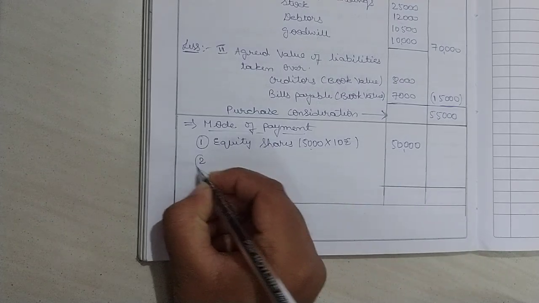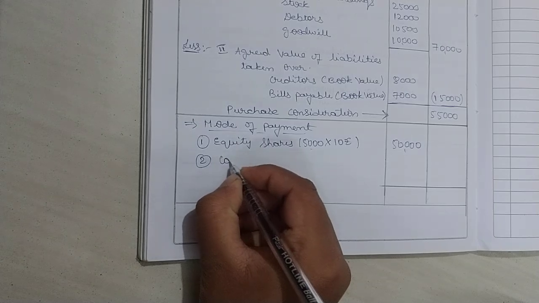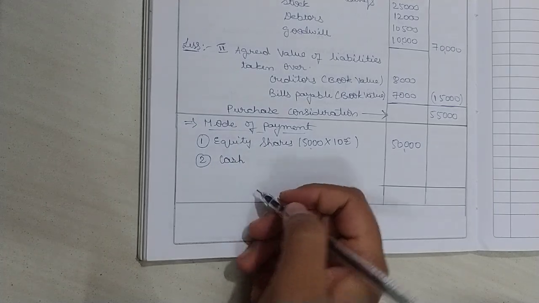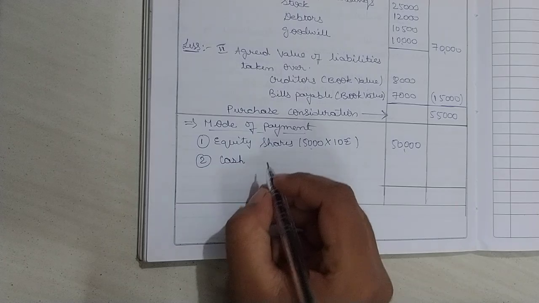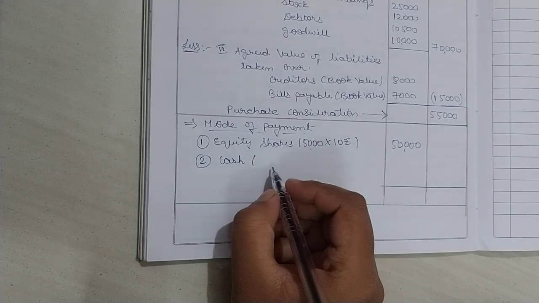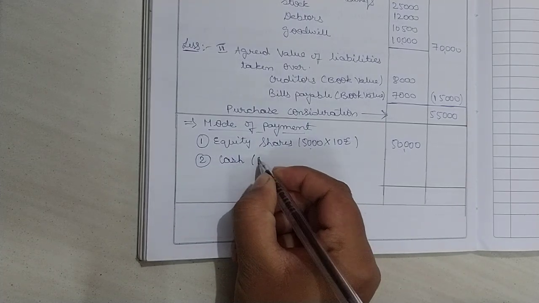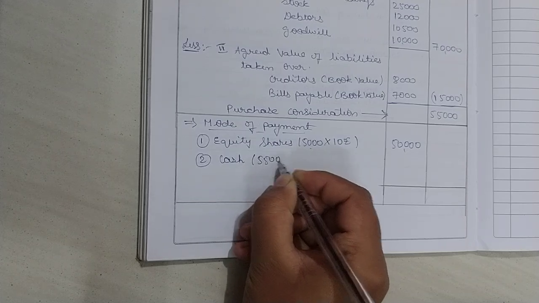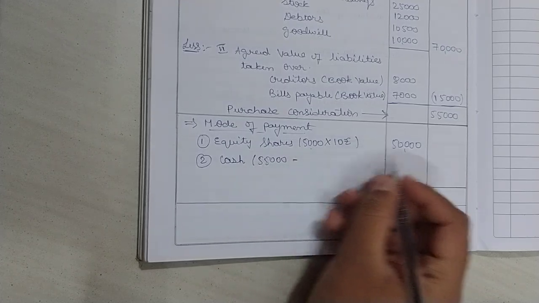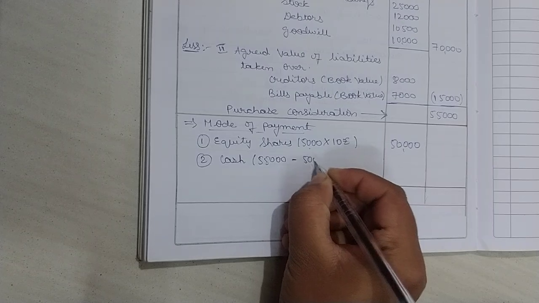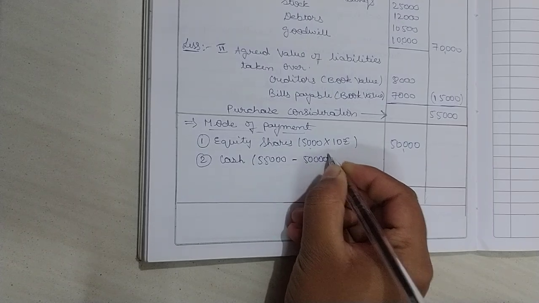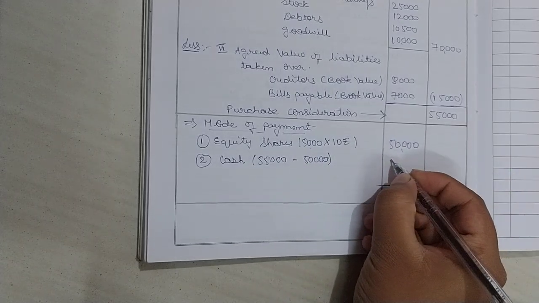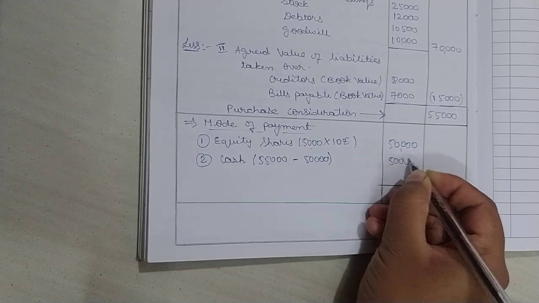So the second part is what? Cash. So the left out part is paid in cash. It is given in the question. So how will you come to know what is the left out part? What was purchase consideration? 55,000. In that, how much did they give in equity shares? 50,000. So 55,000 minus 50,000, the remaining amount is in the mode of payment of cash.